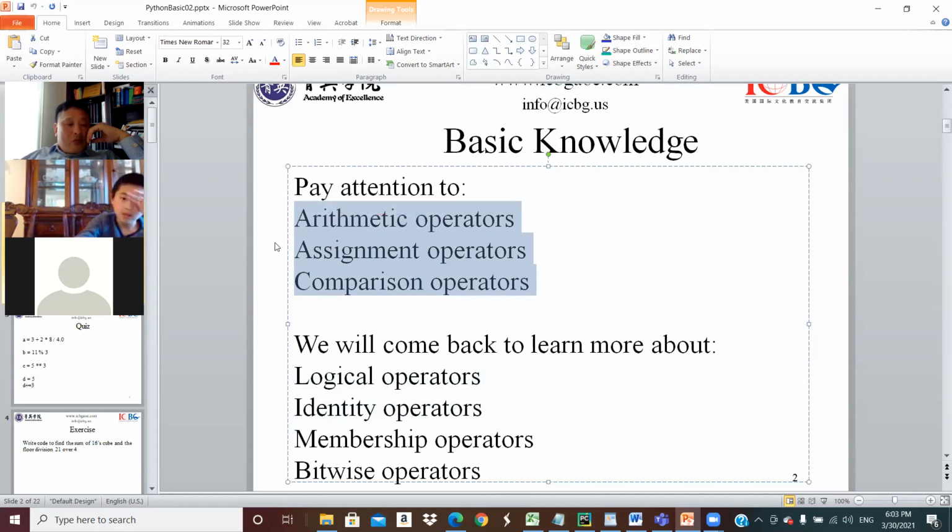So I think I missed 1, 2, 3, 4, 5, 6, 7. I miss Stephen. Is Stephen here? And I miss Richard, right? I don't know if Richard is here or not.